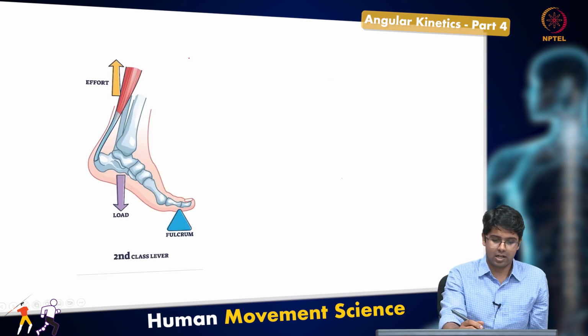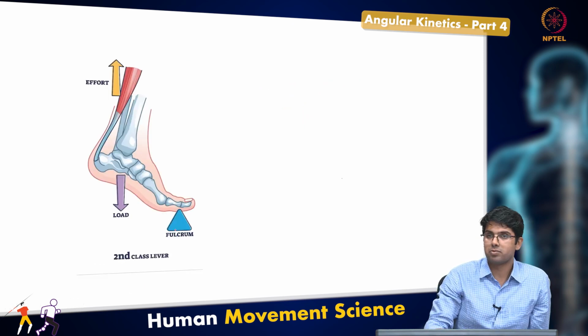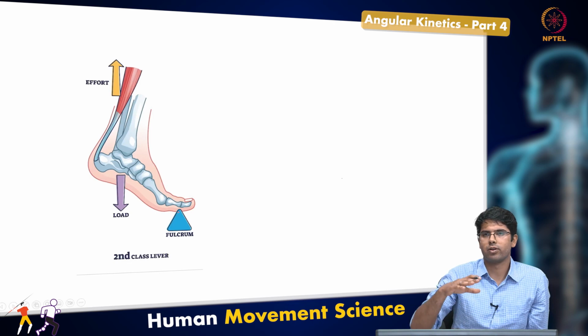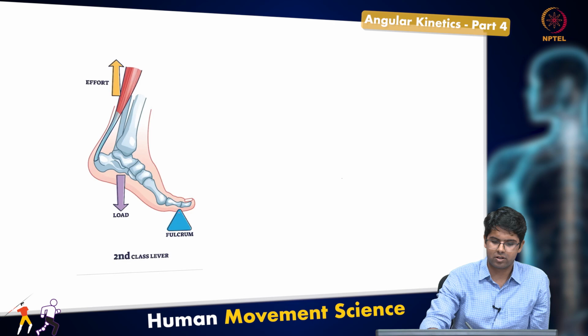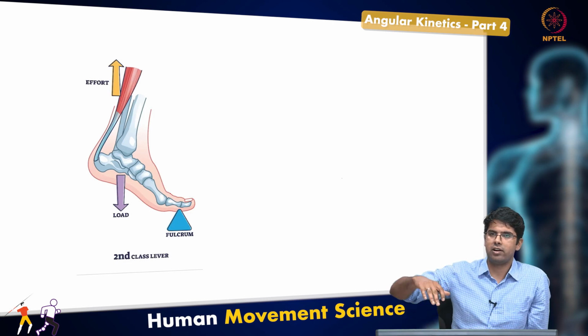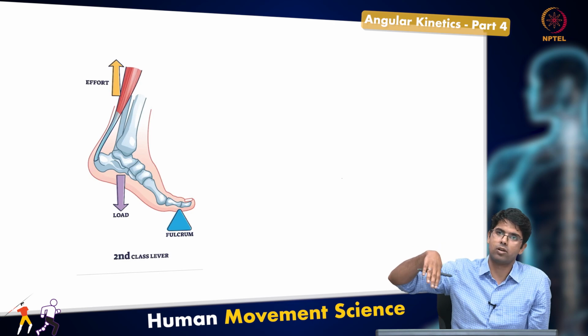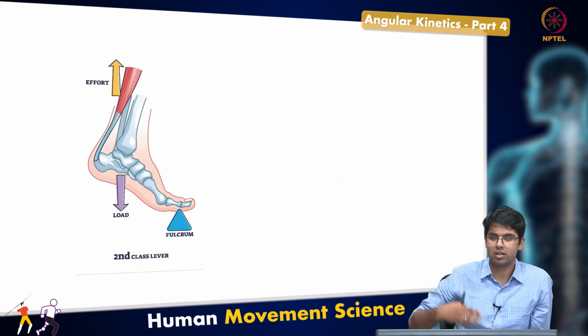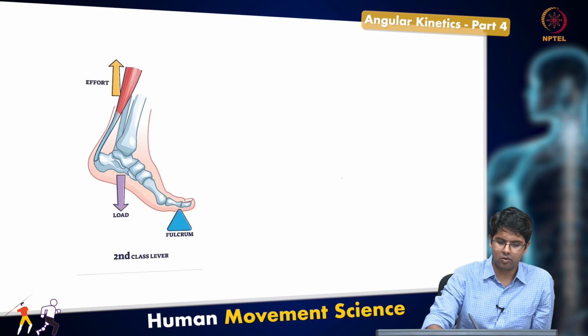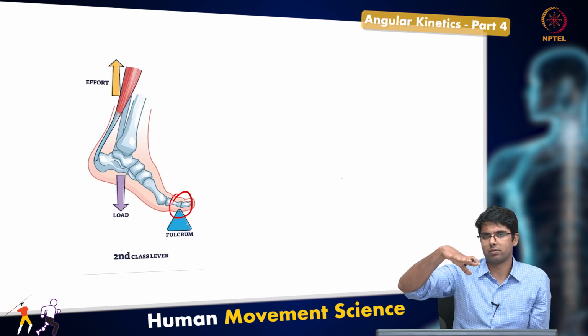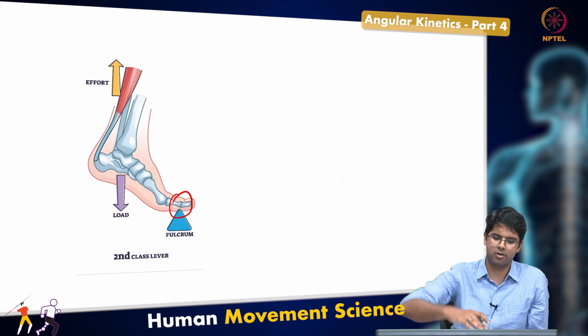Okay, the second class of levers can be observed in the foot when you are walking, for example, or running. Your toe at the very end of the stance, when your trailing leg is about to lift off or is past the middle point of the body, you will notice that the foot end of the foot acts as a fulcrum, a pivot point.